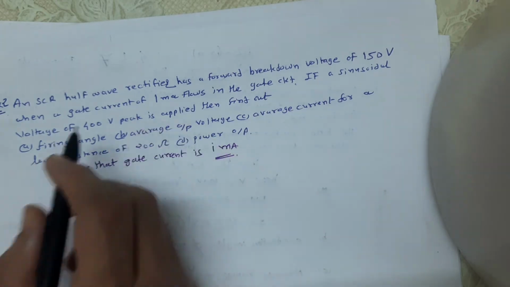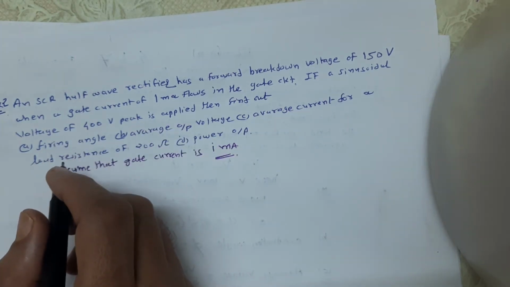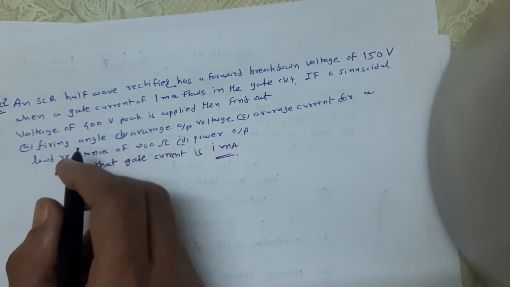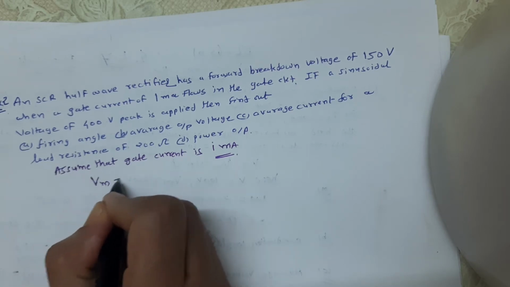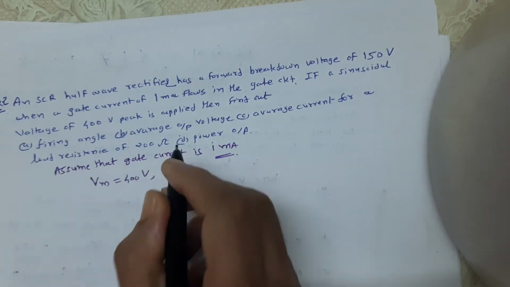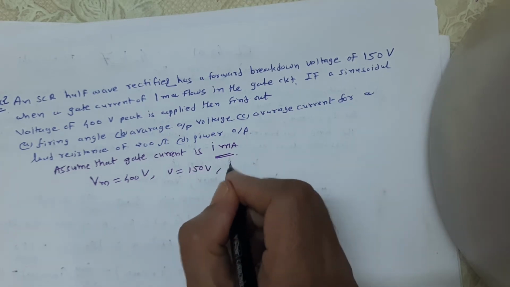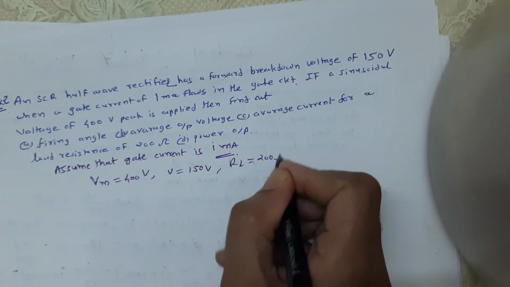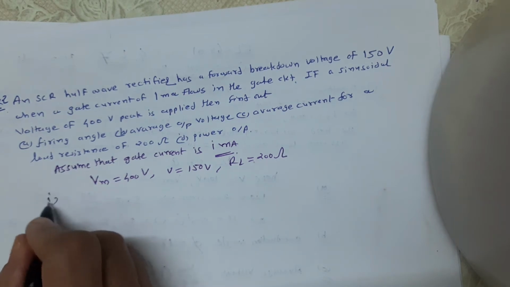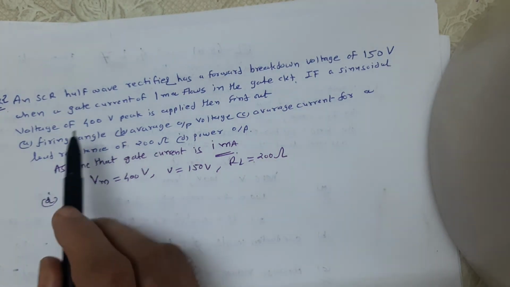So from the example above, we can find out Vm is equal to 400 volt, V is equal to 150 volt, and RL is equal to 200 ohm. Now first of all, A, what is the firing angle?